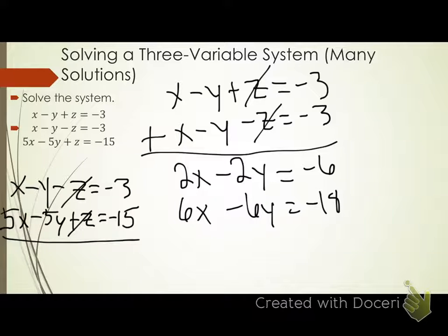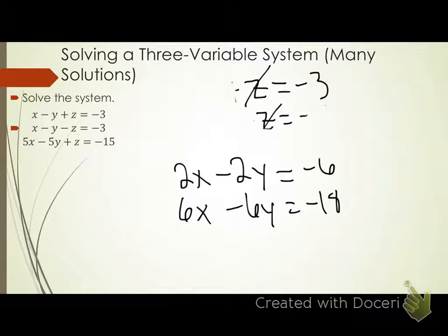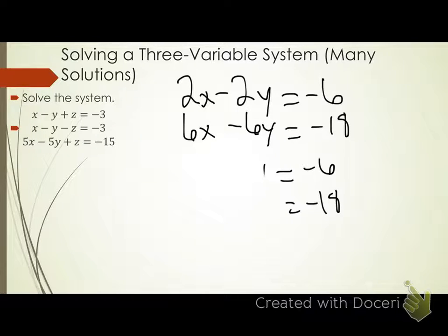So I've now converted my system in 3 variables to a system in 2 variables. 2x minus 2y equals -6. 6x minus 6y equals -18. Now I'm going to try to solve for x and for y. Let's try to eliminate my x value, or my x column.